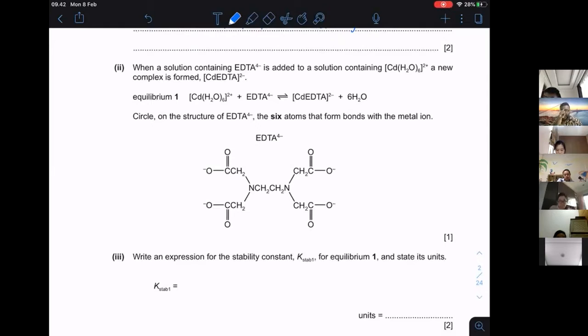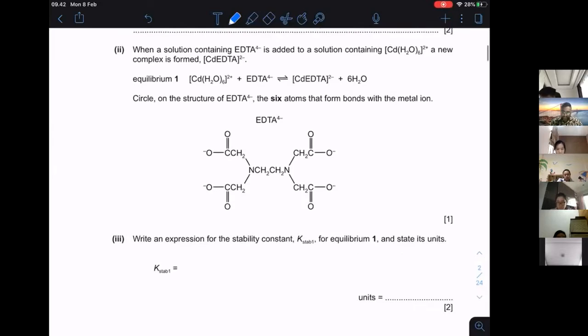Lavi, which are the 6 atoms? No, here they say circle on the structure of EDTA the 6 atoms that will form the bond. So the 6 atoms must have the lone pair to be donated.